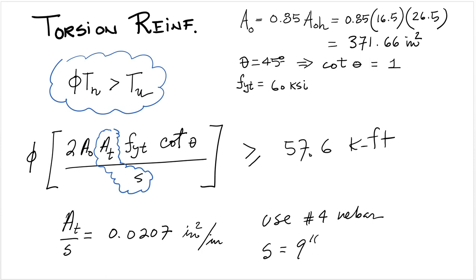A0 is 0.85 Aoh. Aoh is the area enclosed by the center line of the closed transverse reinforcement.